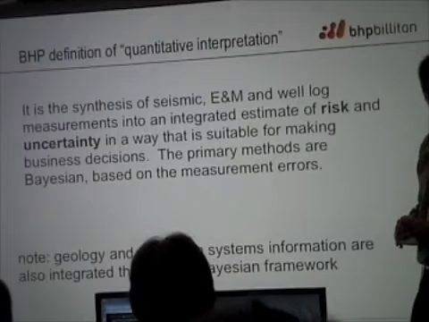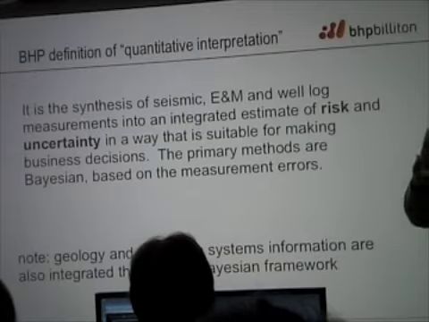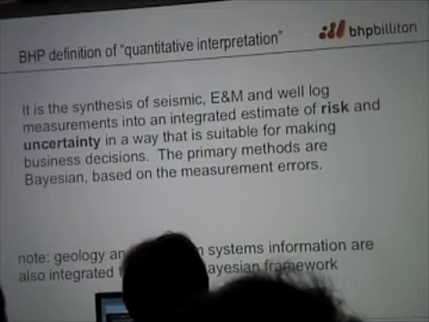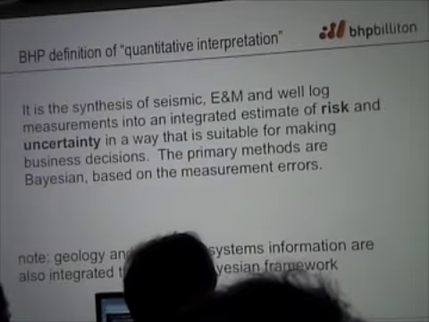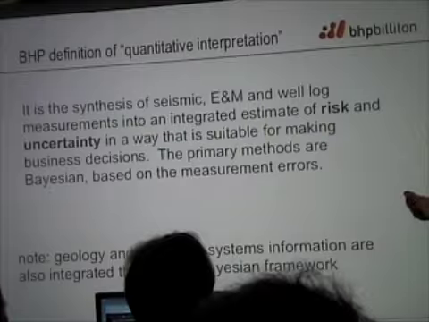And when we get to BHP style, what borders on an obsession with uncertainty and the estimate of it can be a bit different than what you'd experience elsewhere in the industry, where many other people tend to focus on the most likely result, not the ranges.